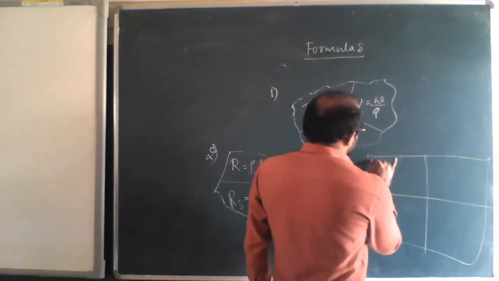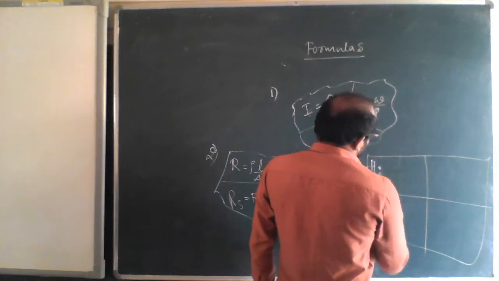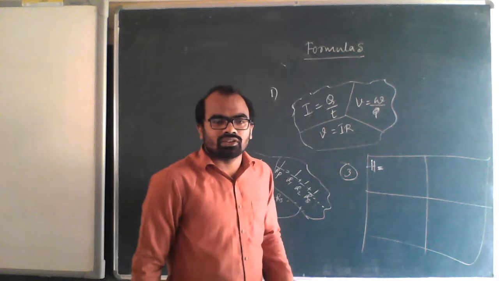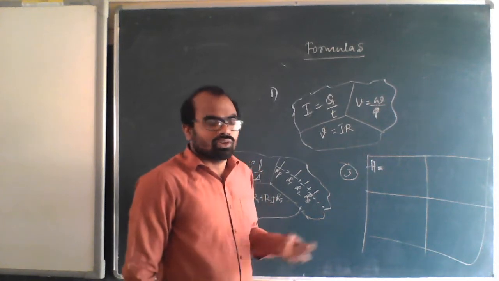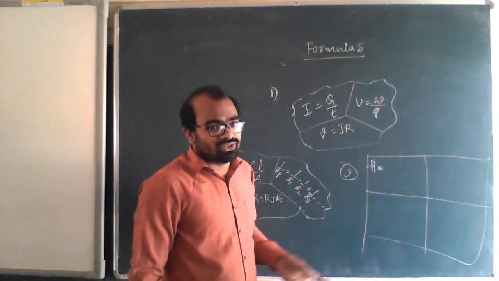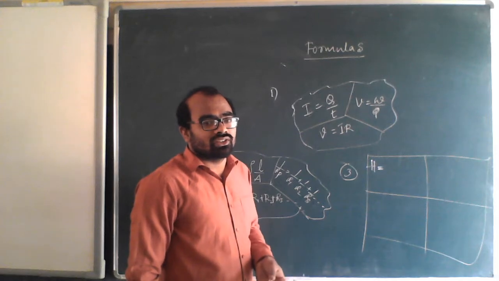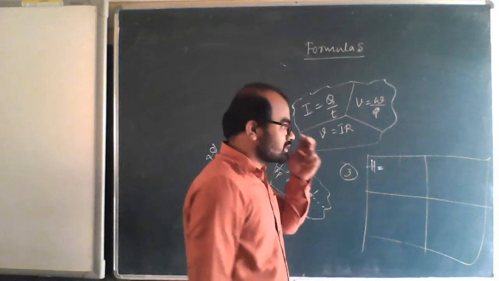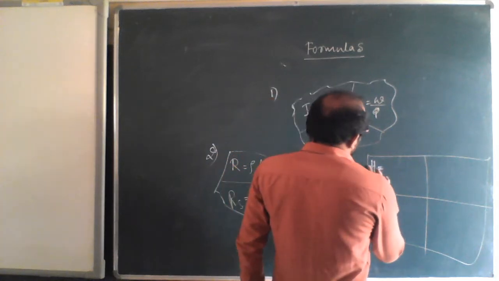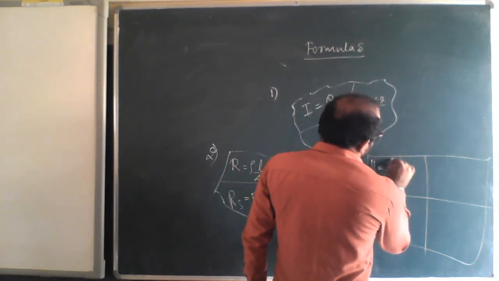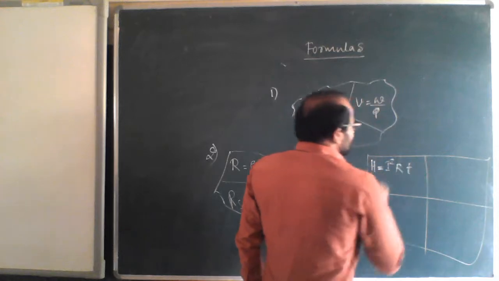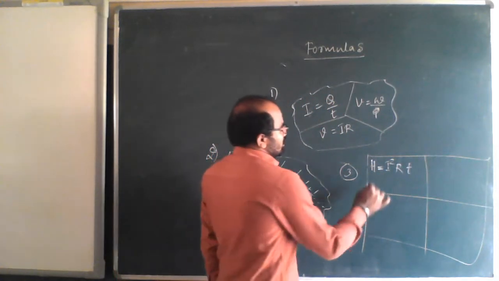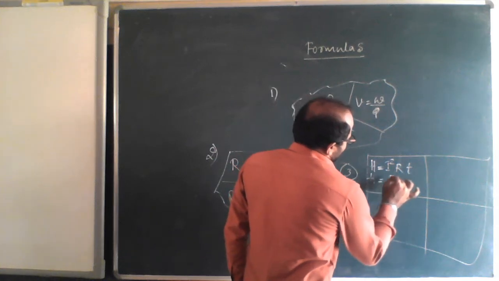So heat energy H, expressed in joules. Energy is nothing but work done in this case. So what is my formula? H is equal to I square RT.